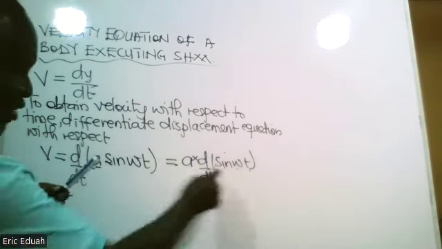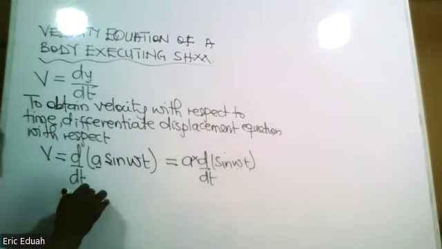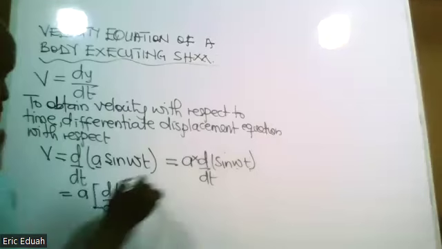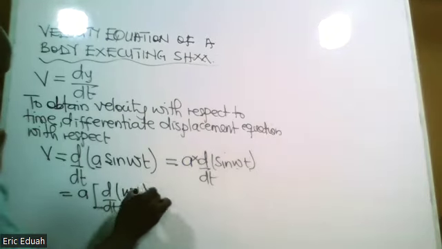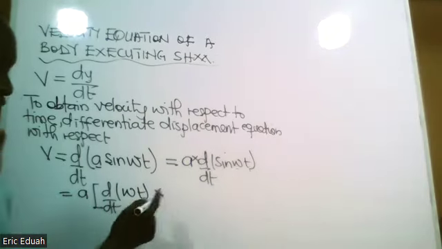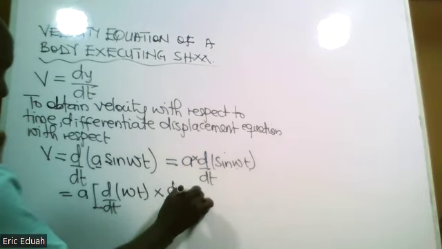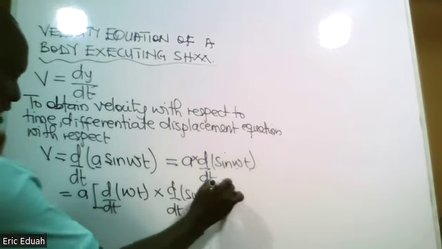So the differential of this will be the differential of the smaller function omega t times the differential of the bigger function sine omega t.